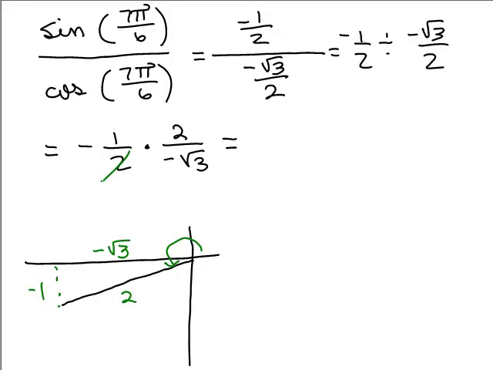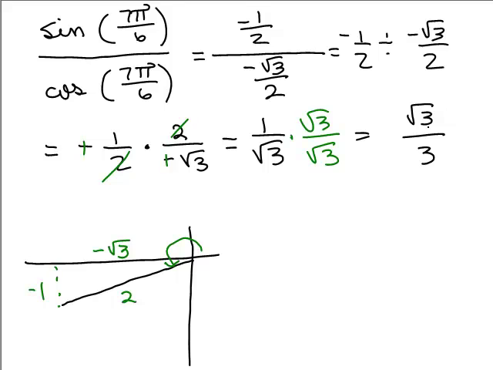Well, I see the 2's cancel, and my 2 negatives are going to cancel. So I have 1 over square root of 3. But then I want to rationalize that. So I'm multiplying the numerator and denominator by square root of 3. And so I get square root of 3 over 3.